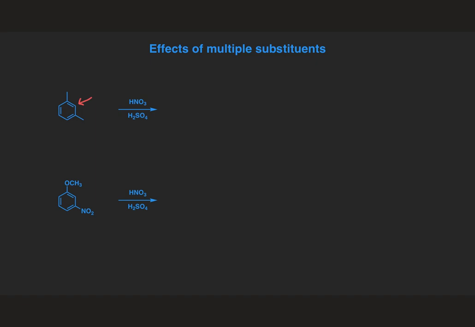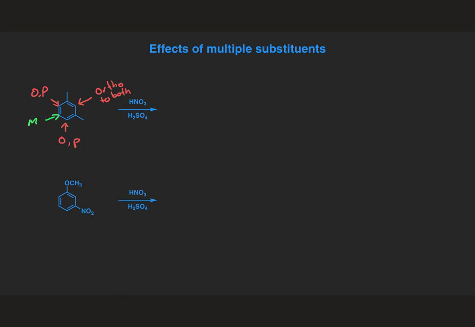That is a good thing. This is ortho to both. This position is ortho to one and para to the other. And this position is also ortho to one and para to the other. The last option here is meta to both.